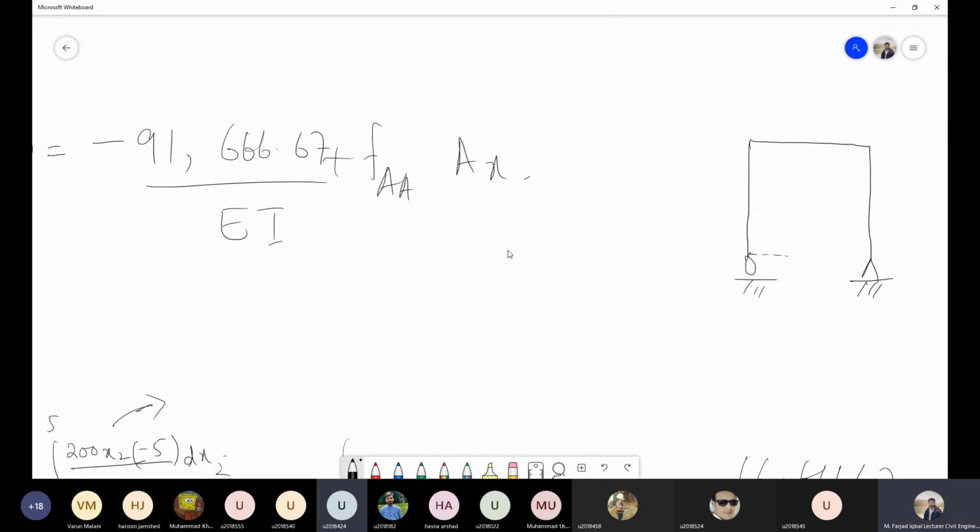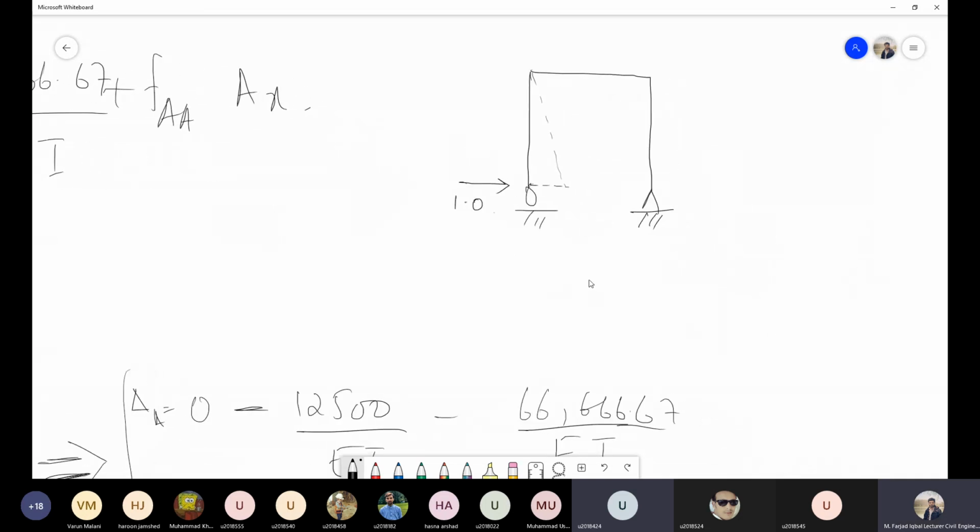Sir, where the deflection is needed, if we apply a unit load there and find the deflection. This is the unit load. So we apply the unit load and apply the virtual work method to find this deflection, that will be FAA, right? Yes.